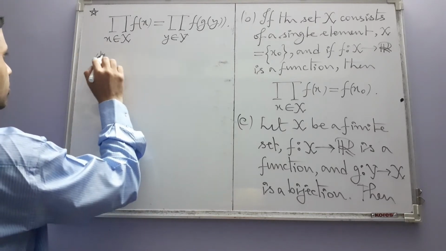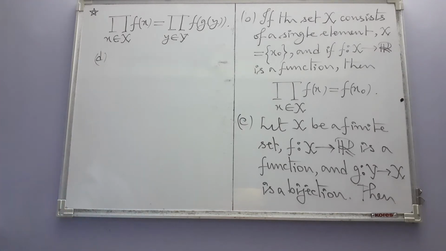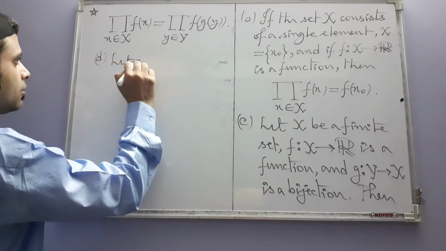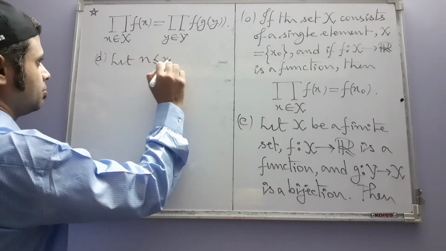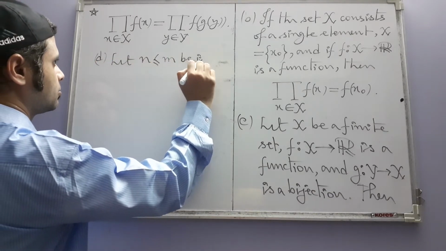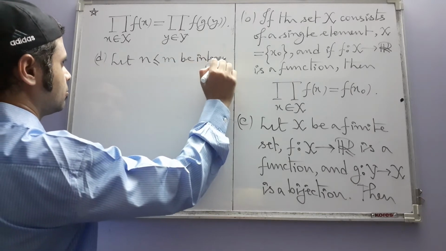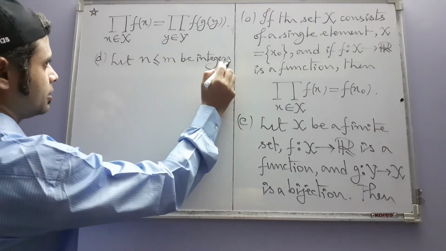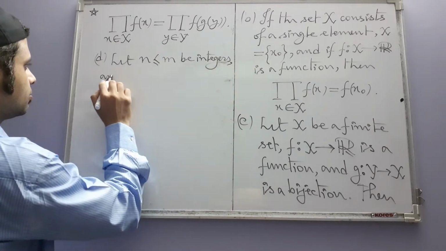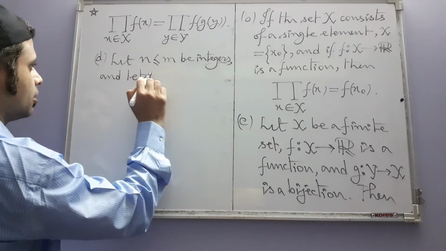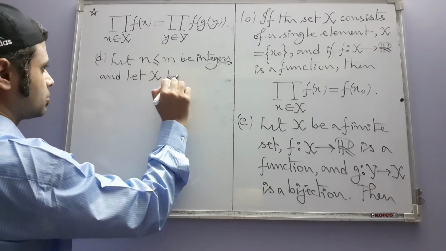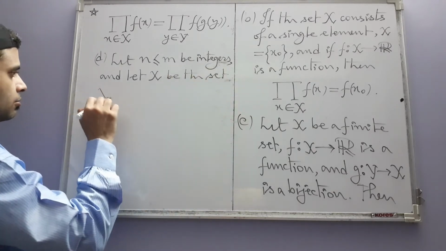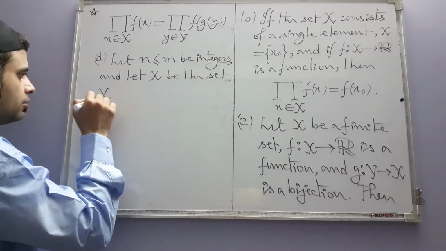Then part D is that one. Let n and m be integers which are related like this, and let X be the set defined like this.